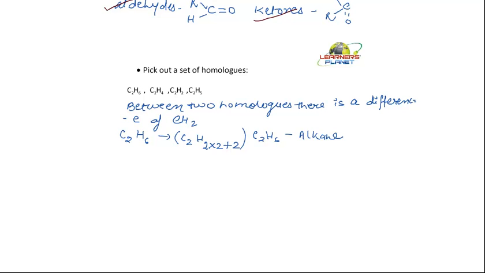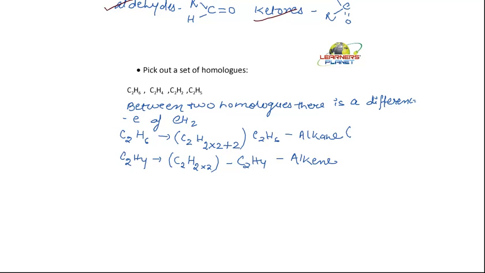Okay. Our next is C2H4. What is the general formula of it? C2H2 multiplied by 2, that is C2H4. And this is an alkene.